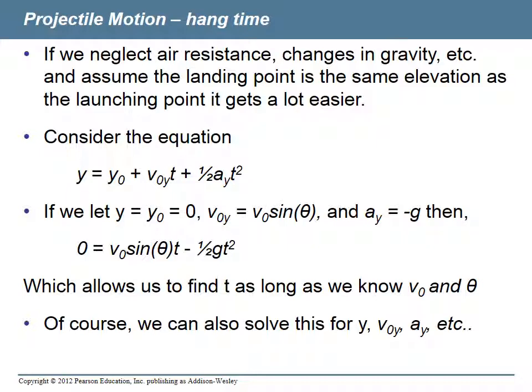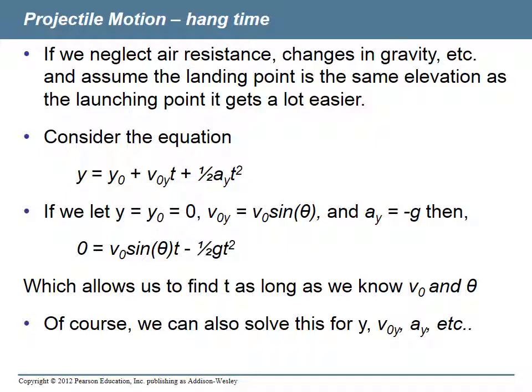And then y equals y naught plus v naught y t plus 1/2 a t squared becomes 0 equals v naught y, this guy right here, times time minus 1/2 g t squared. So that's just plugging in 0 for y and y naught, v naught sine theta for v naught y, and negative g for a y. So we get this right here, which allows us to find time as long as we know v naught and theta.